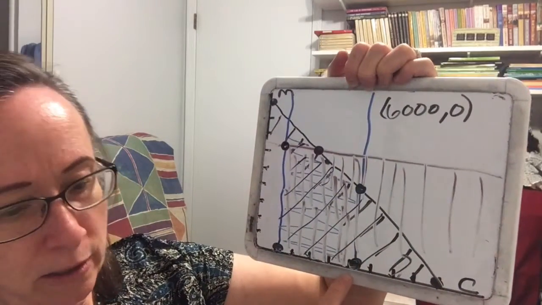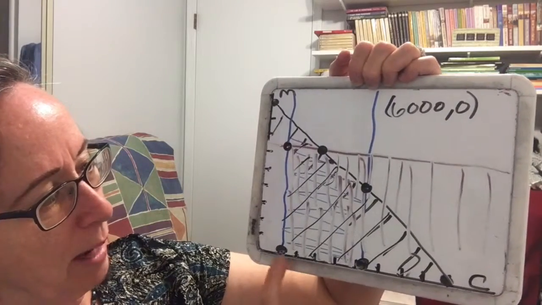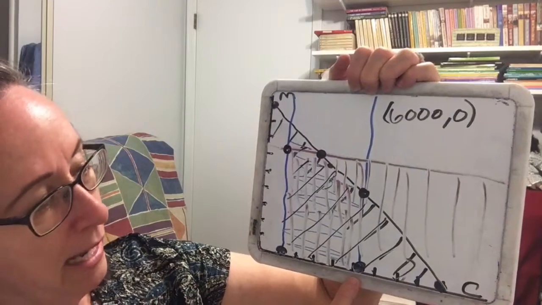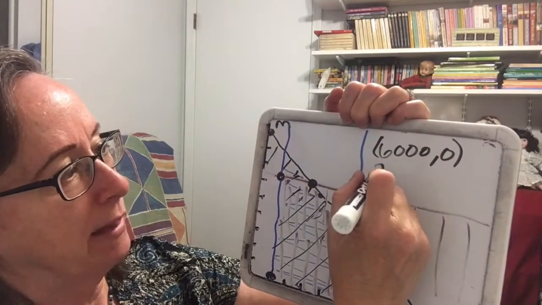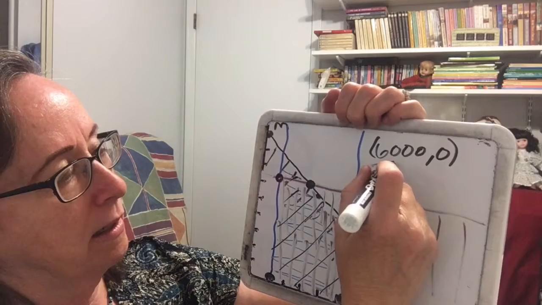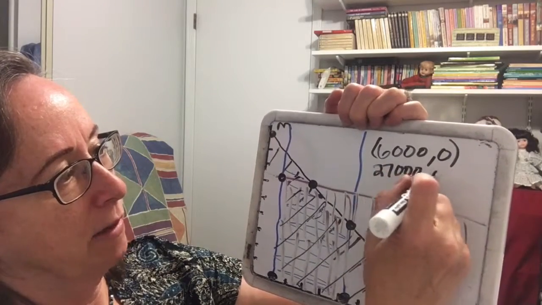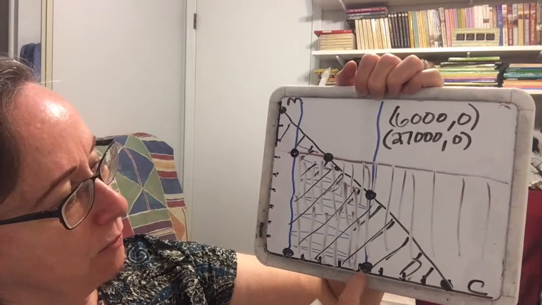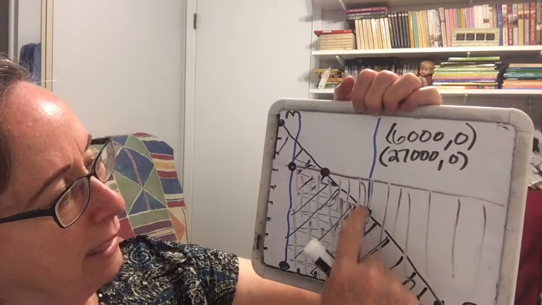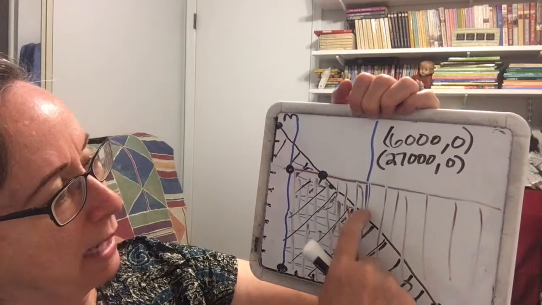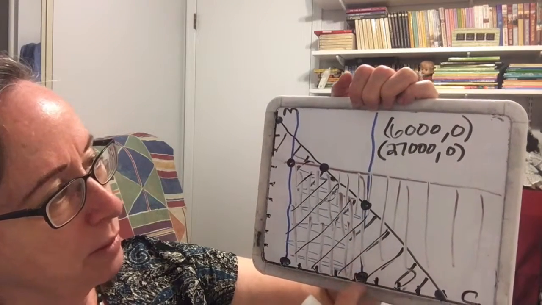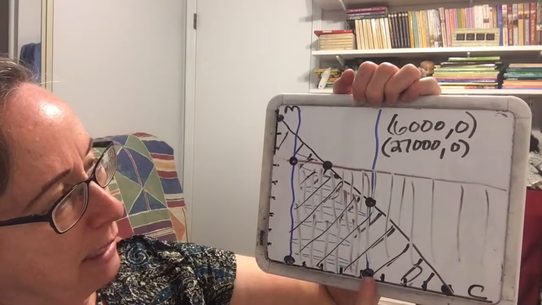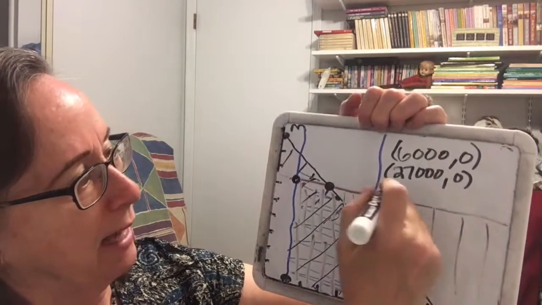This point right here would have been the upper right range, so that's 27,000 and 0. Okay. And then this one right up here is the intersection between the black and the blue. But the blue, we know, is 27,000. So that would be the X part, would be 27,000.